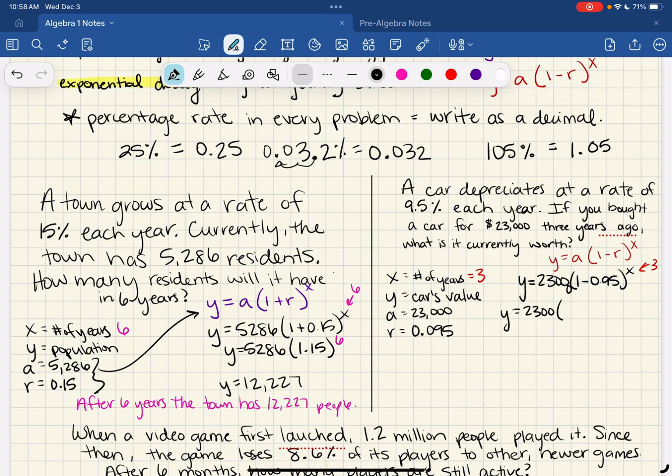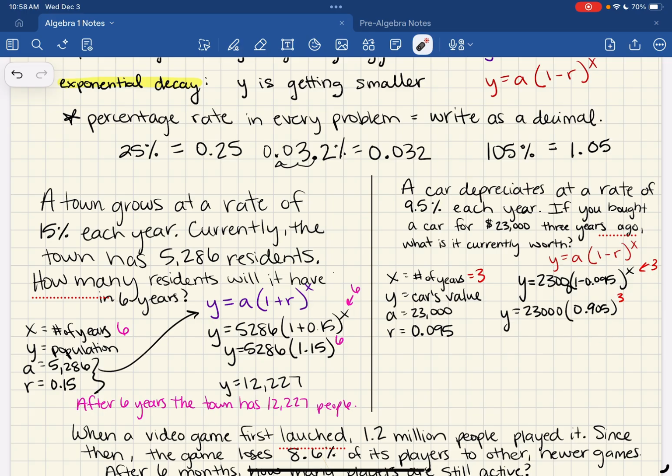Oh my gosh, I missed a zero up there. What is 1 minus 0.095? 0.905 to the third power.